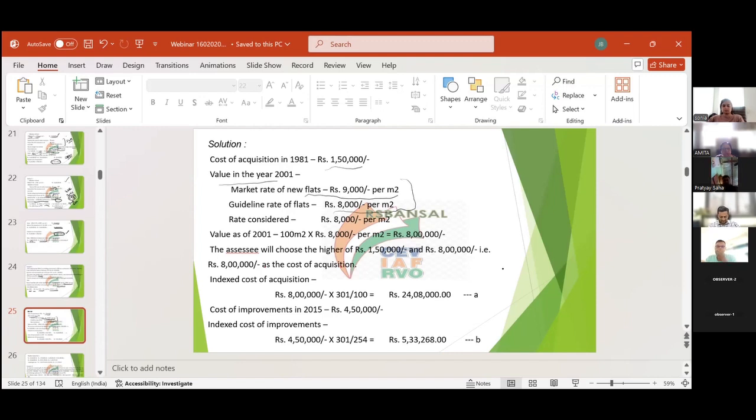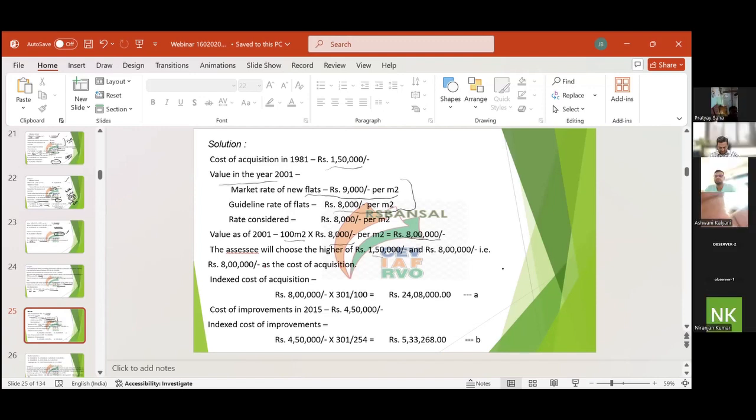So the value, 100 into 8,000, comes out to be 8 lakh. The assessee will choose the higher of 1,50,000 and 8 lakh. So of course you have to take the higher of the two. So 8 lakh is the cost of acquisition. So this is the main thing here.